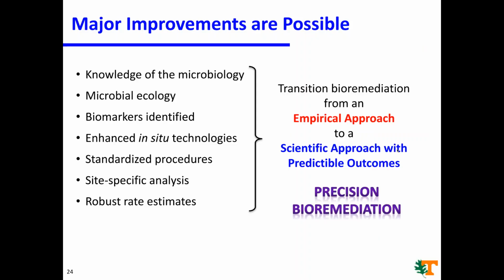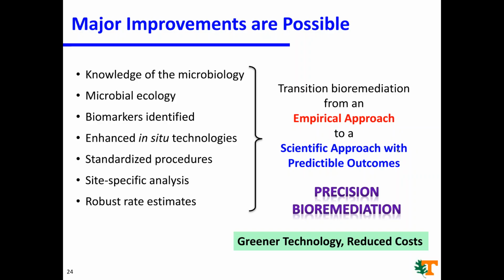And this will ultimately lead to a greener technology to apply biostimulation, bioaugmentation, and probably also reduce costs and have more desirable outcomes, not just for destruction of the key contaminants, but also reducing secondary impacts on groundwater quality.